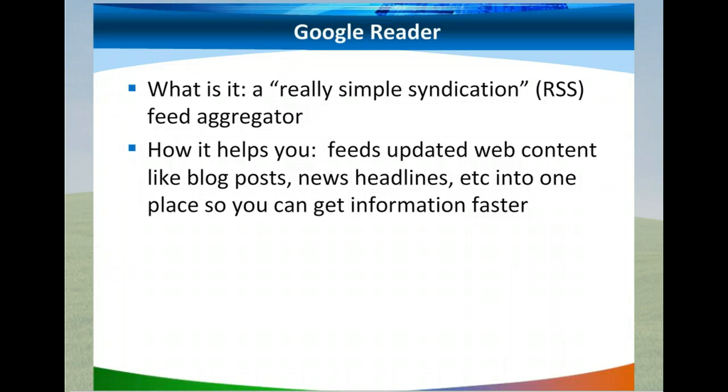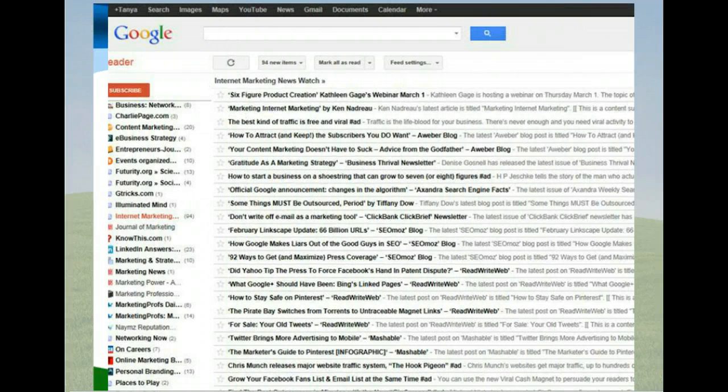Now, I'm going to explain a little bit more of what this means in just a second, but basically the deal is it takes feeds from various places on the web, and it allows you to receive the most current, updated web content. So it might be blog posts from your favorite blog. It might be news headlines from a news station that you love, and other information that you might be looking for. I want to show you what this can look like, okay?